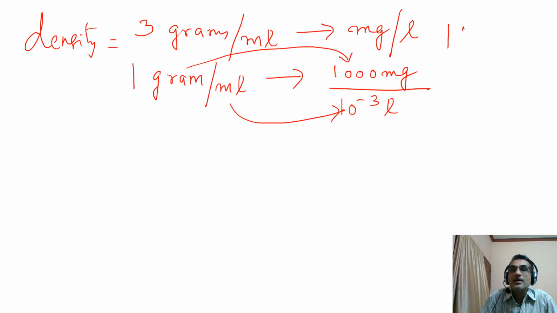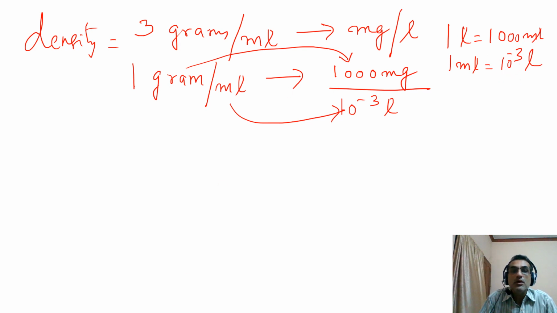Because we know that 1 liter is 1000 ml. So invariably 1 ml will be equal to 10 raised to minus 3 liters. Because this 1000, when you take it to the other side, it becomes 10 raised to minus 3 liters.